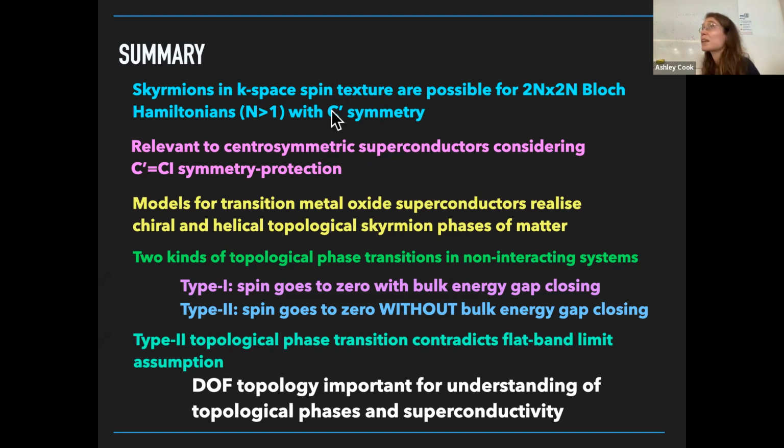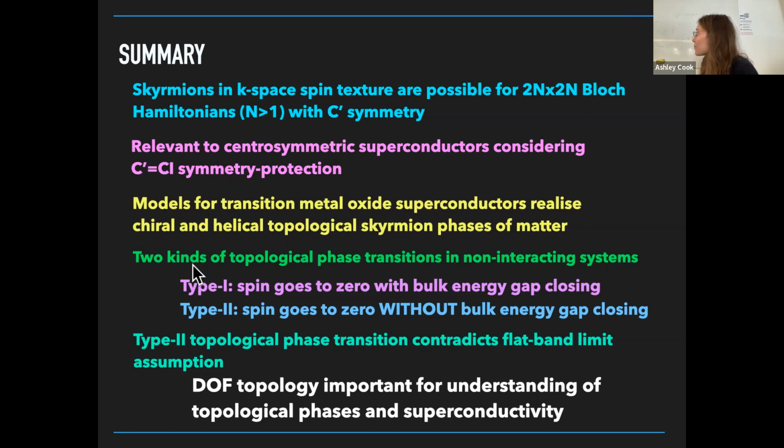So then you also expect the product to be present. And basically models for transition metal oxide superconductors can realize some of these topological Skyrmion phases of matter. So I told you about the chiral case and the helical case, which you can think of as generalizations basically of a Chern insulator and a quantum spin Hall insulator, respectively.